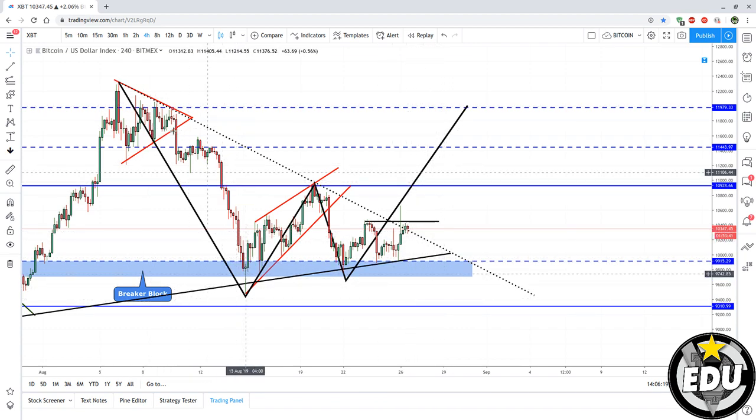It's still in a full downtrend, even though we are making higher lows on this trend line here. So still no confirmation yet, I would say. The price of Bitcoin can still drop. We're not yet in buyer's mode when it comes to the 4-hour time frame, so still uncertain.